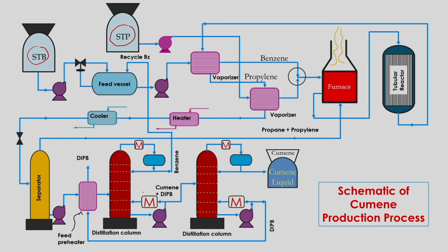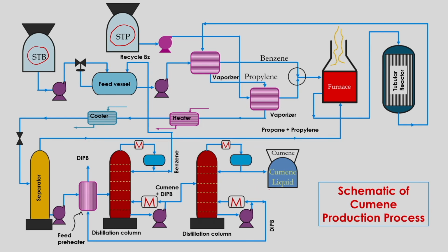From the benzene distillation column, the cumene and byproduct DIPB will be sent to another distillation column, called the cumene distillation column. In that column, cumene and DIPB will be separated into distillate and bottom parts. As the distillate, cumene comes out as a liquid after condensing, at around 99.9% purity as per the requirement for the production of cumene.